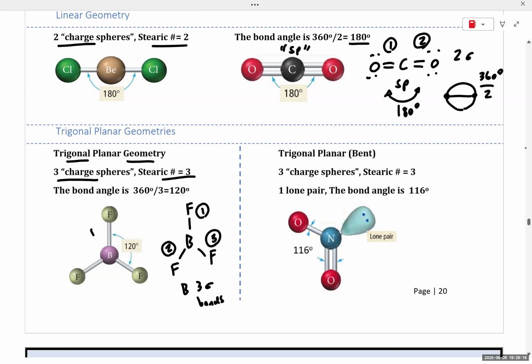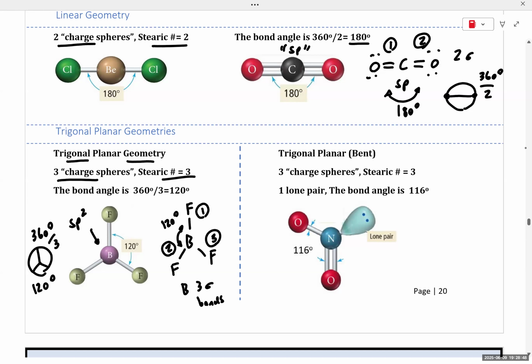Thus, this central boron atom has a hybridization of sp2 and a trigonal planar geometry. This gives us a predicted bond angle of 120 degrees. Why 120? Well, if we take our same circle and divide it by 3 this time, this gives us 120 degrees as the maximum separation between our bonds.